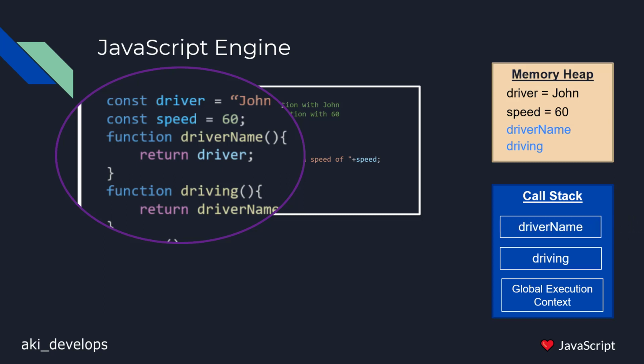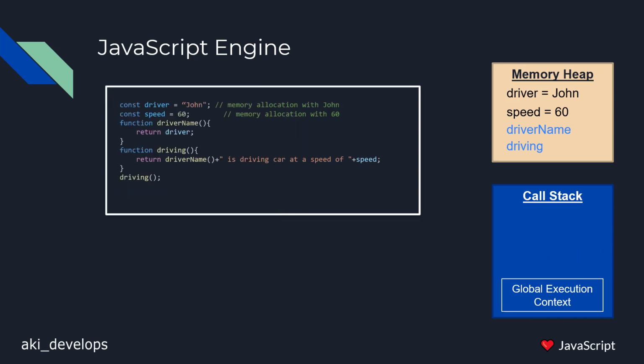When the execution of this driver name function is complete, it will return the value and JavaScript Engine will remove that from the call stack. Now we come back in driving. When driving is finished, JavaScript Engine will remove it from the call stack as well.